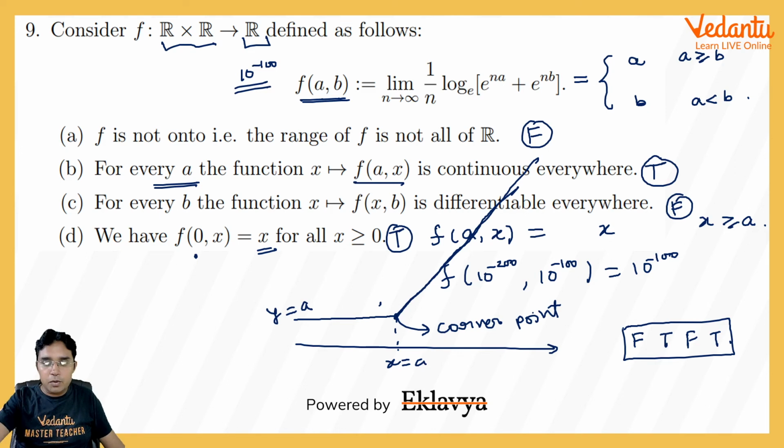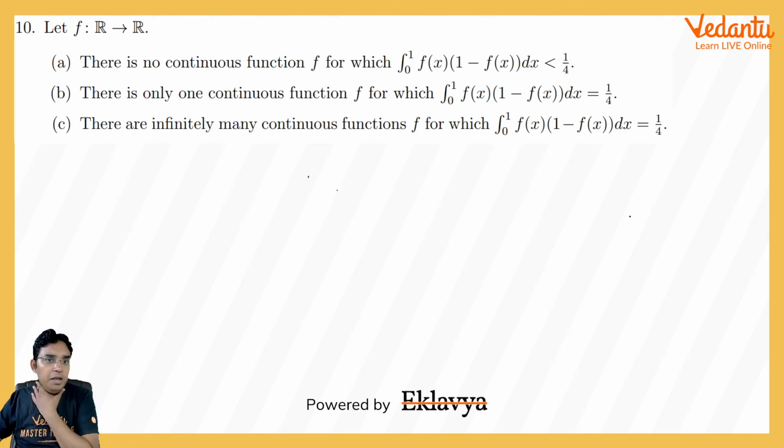Okay. Now coming to the next question. It says f: R to R, there is no continuous function for which the integral from 0 to 1 of f(x)(1 minus f(x)) dx is less than 1 by 4. Now dear all, this is a very popular question.